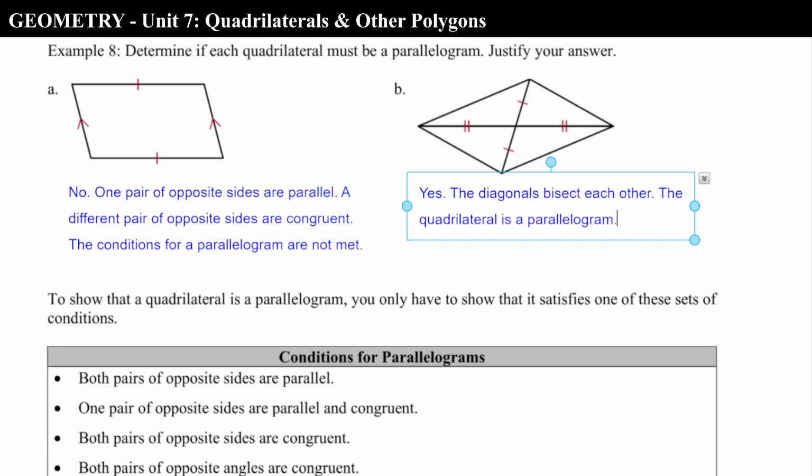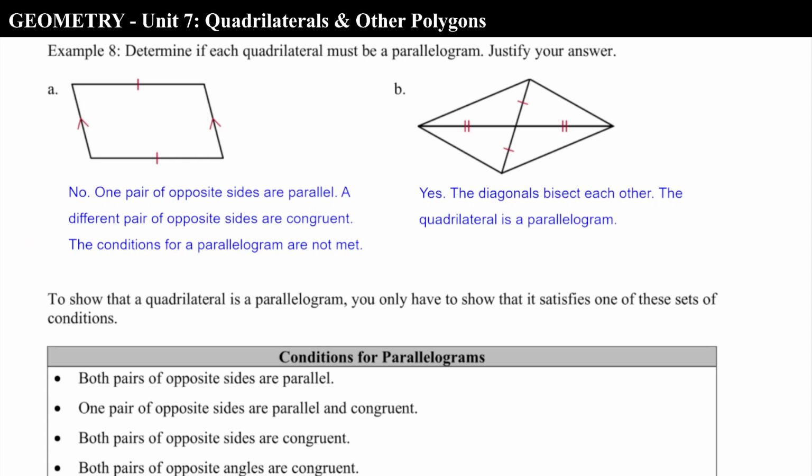It's much easier to show that it is a parallelogram than to show that it's not. If it is a parallelogram, you just pick the condition that's satisfied and you state that as your reason that it's a parallelogram. When it's not a parallelogram, you have to state why it's not a parallelogram. What information are we lacking?